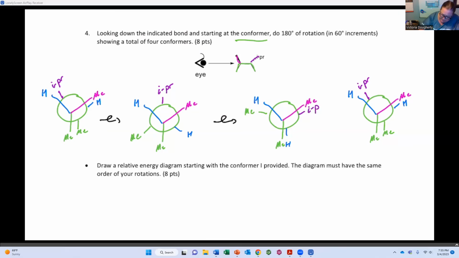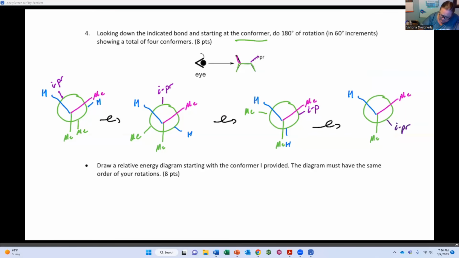I'm going to do another 60-degree rotation in the back, again keeping the front consistent. Based on the eclipsed conformer I just drew, now this isopropyl group is going to be gauche to the bottom. I didn't completely erase that, my bad. It's actually gauche now to both of these methyls.